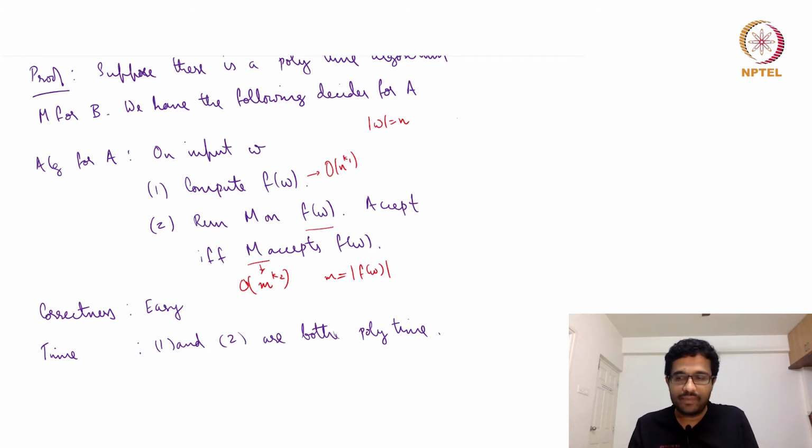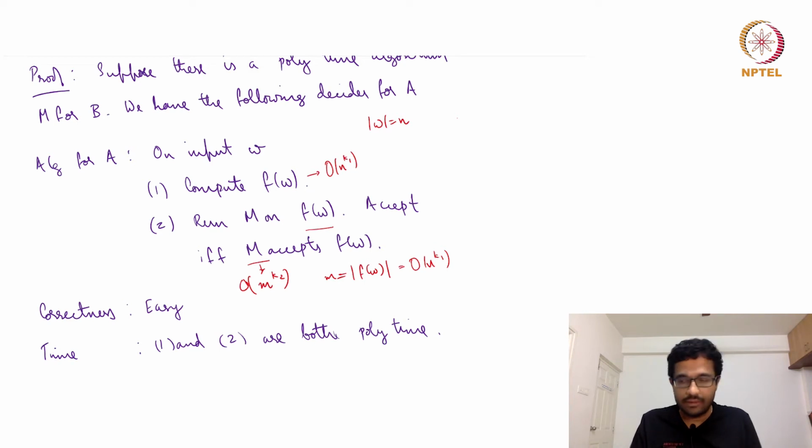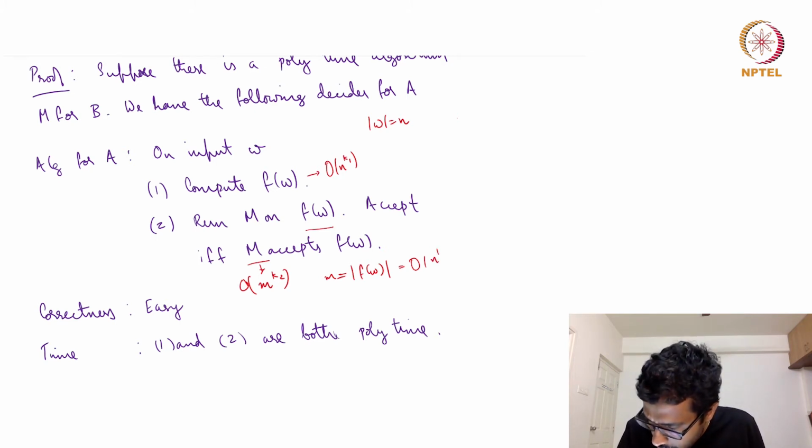Since the input length is n and the running time of the reduction machine is n to the power k1, the maximum possible length of f of w is order n to the power k1. It cannot be longer than that, because otherwise you would not be able to write it down in that many steps. So m is order n to the power k1.